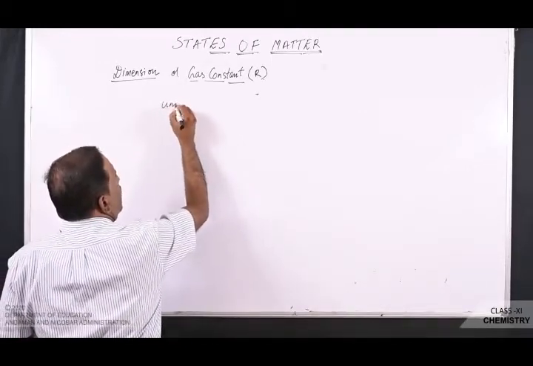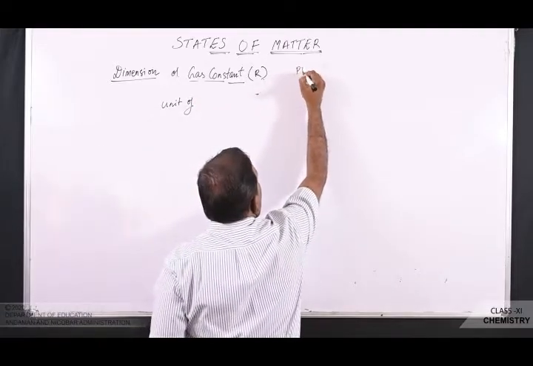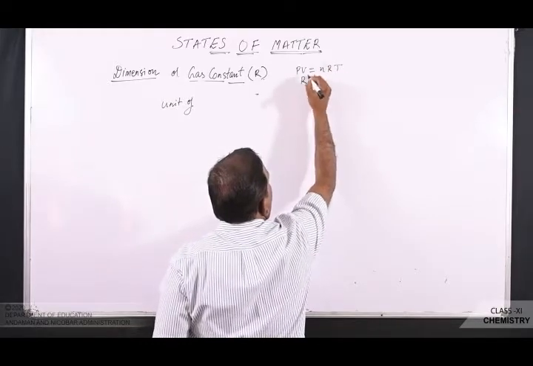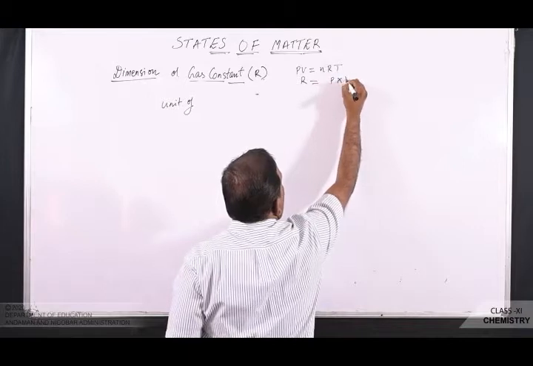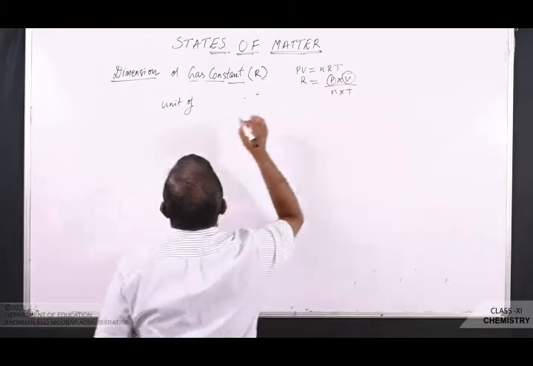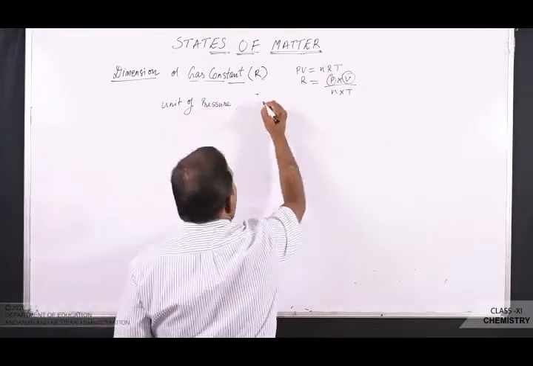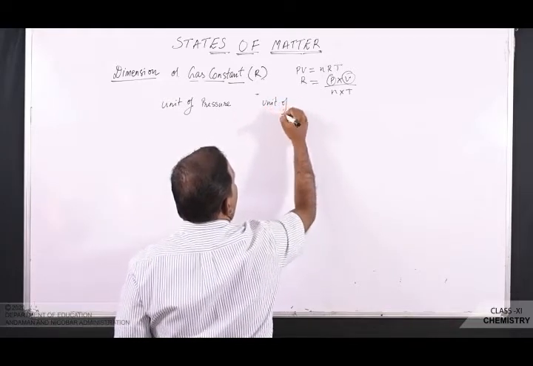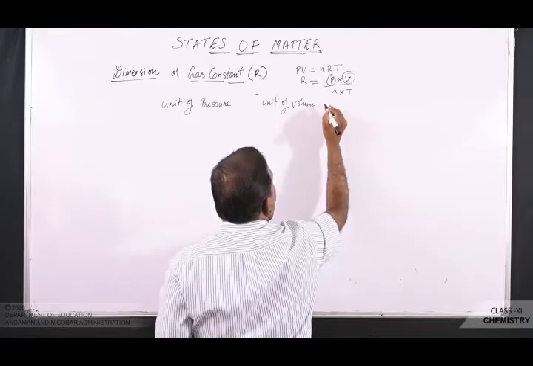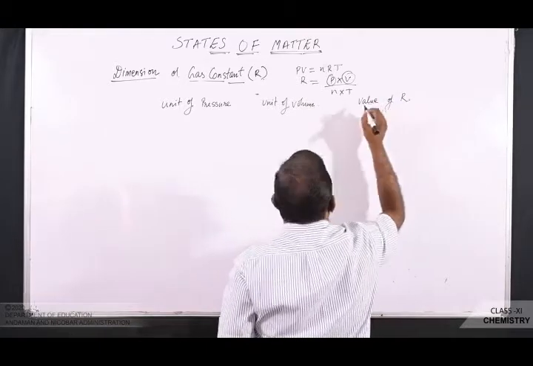From the unit, we know that PV is equal to nRT. So R we want to have, so R is equal to P into V by N into T. So that is the unit of pressure, unit of volume, and value of R. Okay, students.